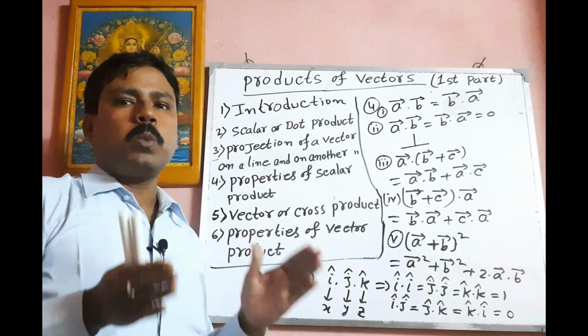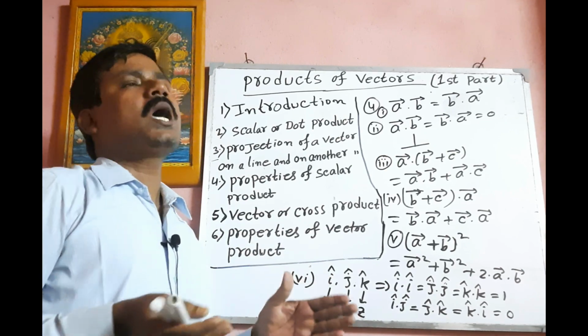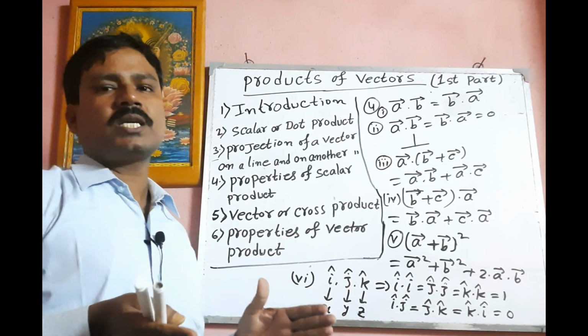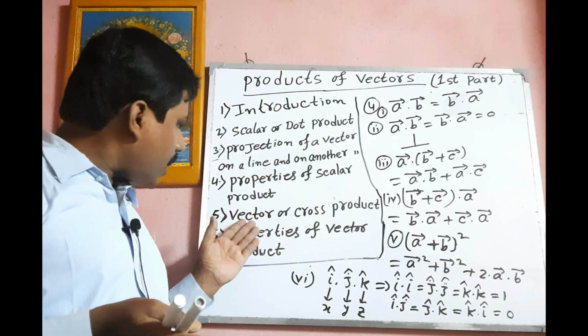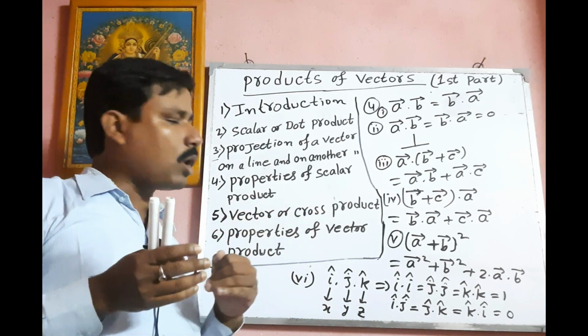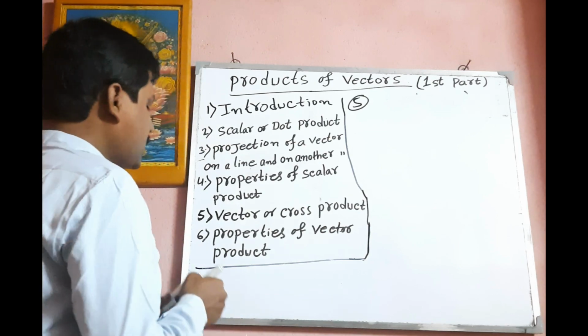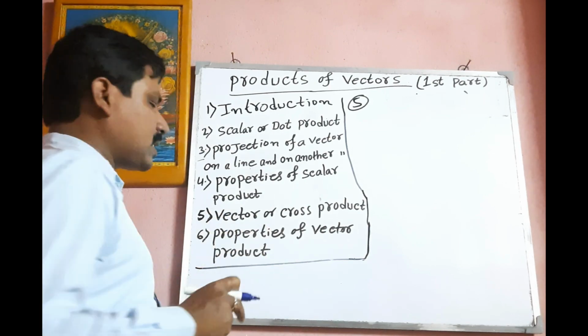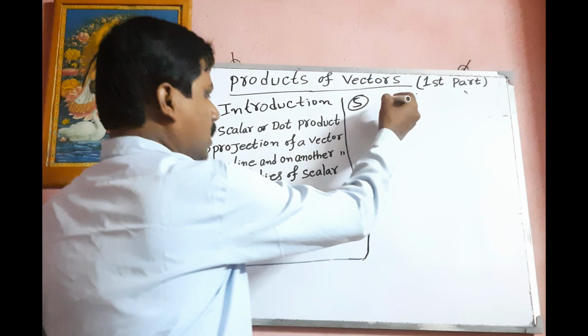This completes the fourth section of today's discussion, and now we move to the next section, that is the vector or cross product of two vectors. Now we are discussing the fifth part of today's discussion, the vector or cross product.